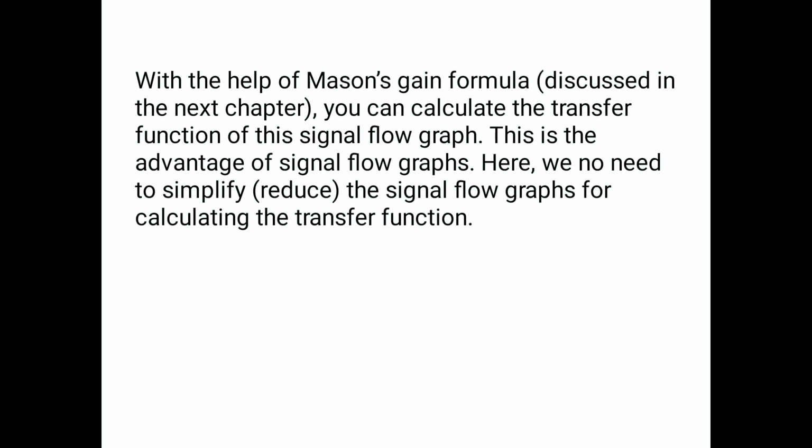As we all know, all the blocks are reduced and combined to form a single block, by which we can find the transfer function. But in the case of signal flow graph there is no need of reducing the blocks. So we can directly find the transfer function by using Mason's gain formula.